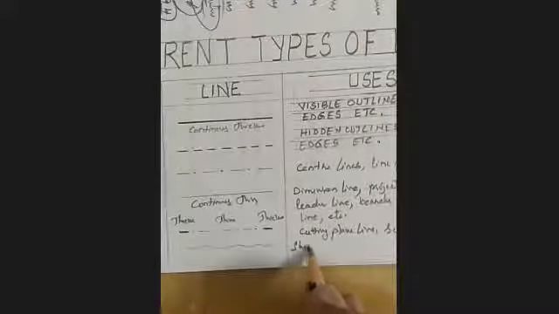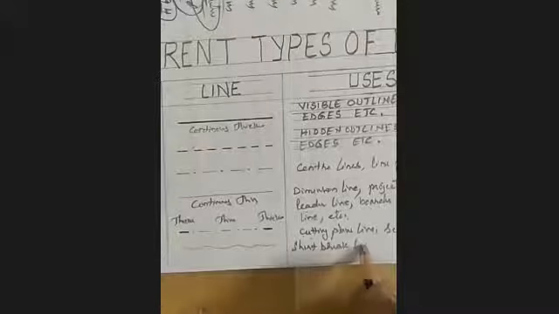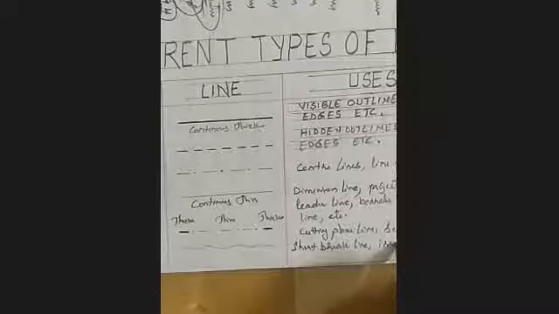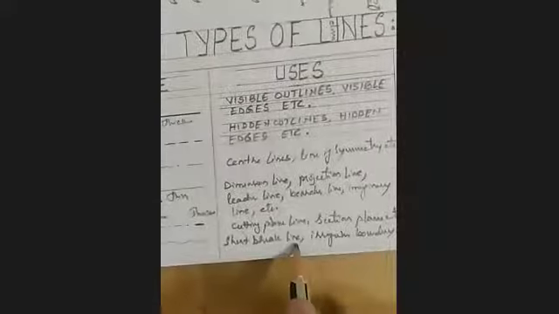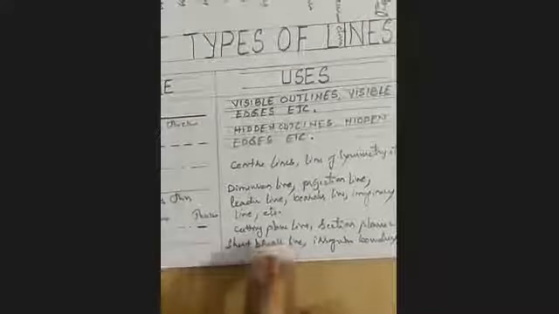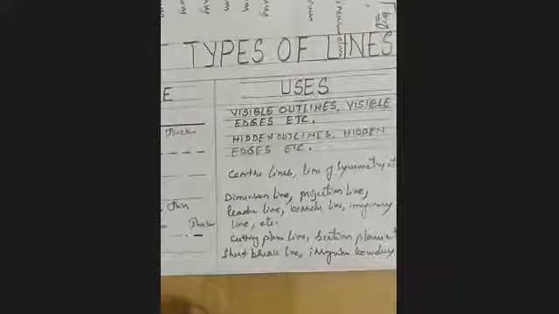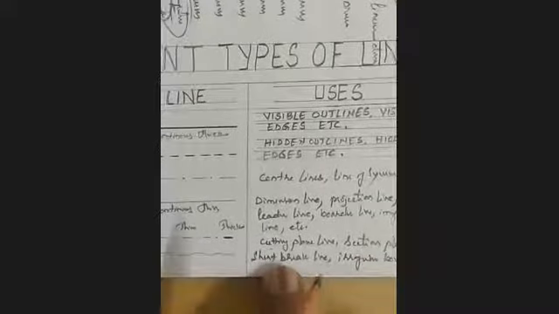Short break line, irregular line, irregular boundary line, etc. Short break line, comma, irregular boundary line.